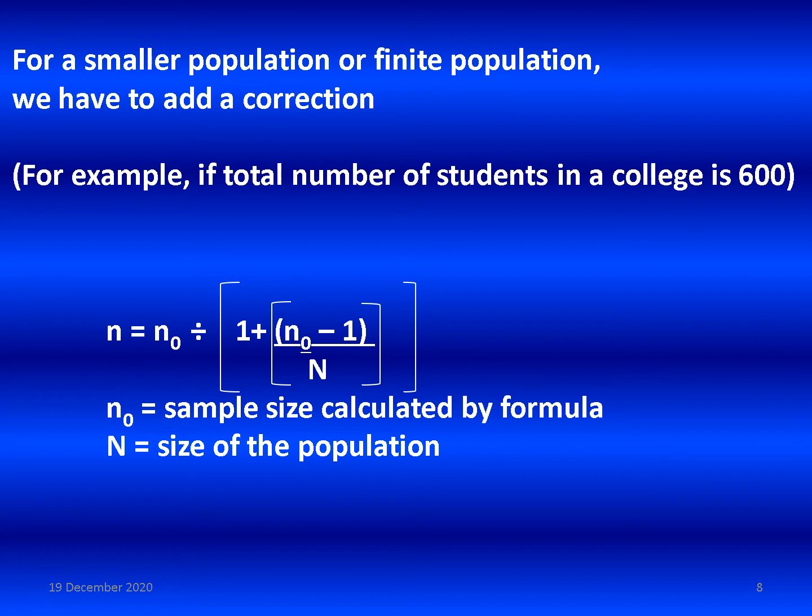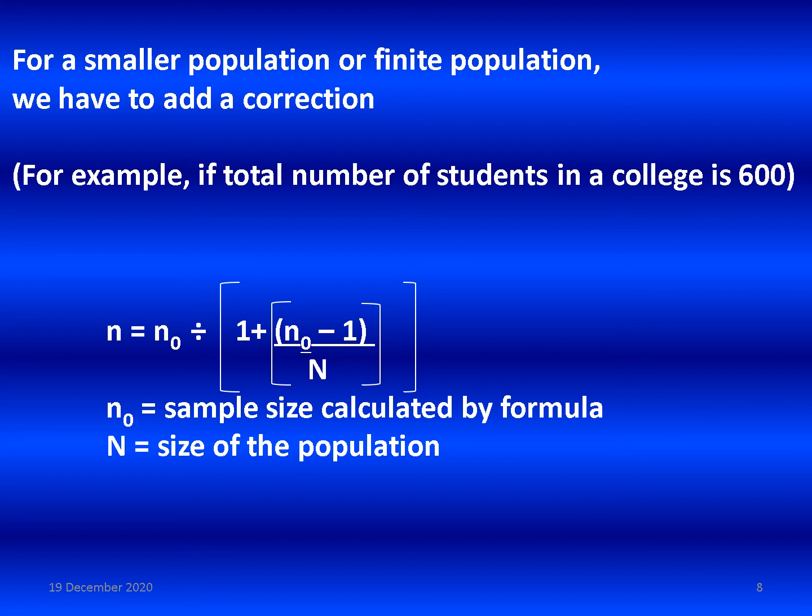So the correction formula is like that. N, the corrected sample size, is equal to N0, the sample size calculated by the formula, divided by 1 plus N0 minus 1 divided by capital N. Here capital N is the size of the finite population.